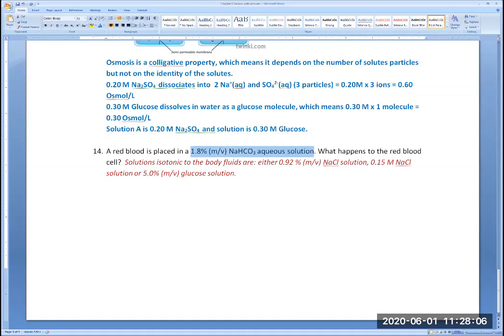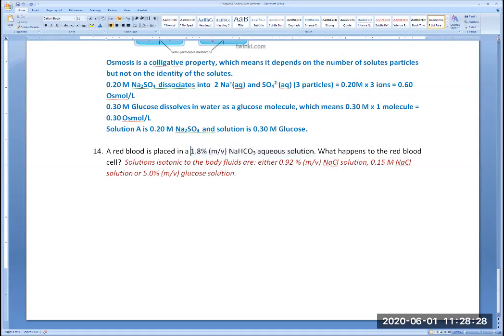And so that will decide if the water will move out of the cell or move in the cell by osmosis, right? And ideally, you want them to be isotonic, the solution, so that the red blood cell stays healthy. So let's compare these two concentrations.